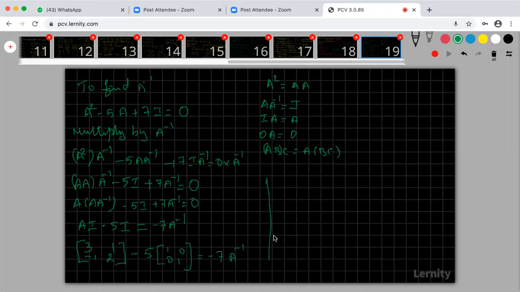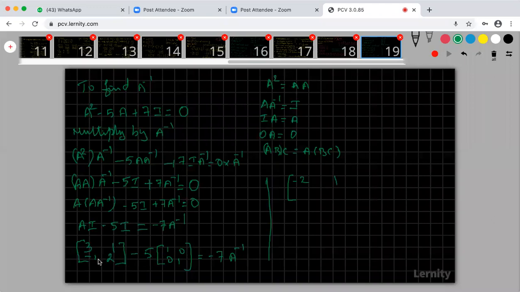Right. So therefore, this is just subtract. So that is 3 minus 5. You multiply this minus 5 here. What is the answer? 3 minus 5 is minus 2. And 1 minus 5 into 0, that is 0. After multiplying minus 5, we are getting 0 only. 1 minus 5 into 0 is 1 only.